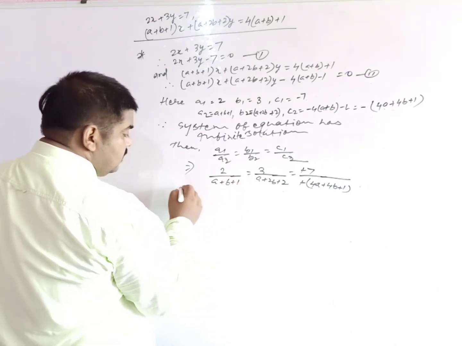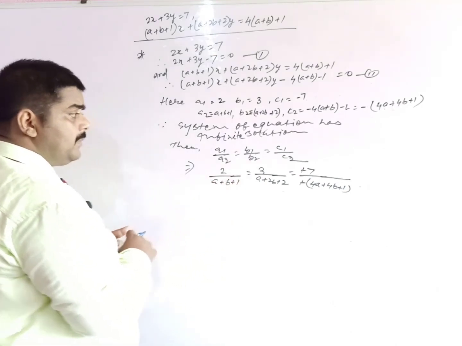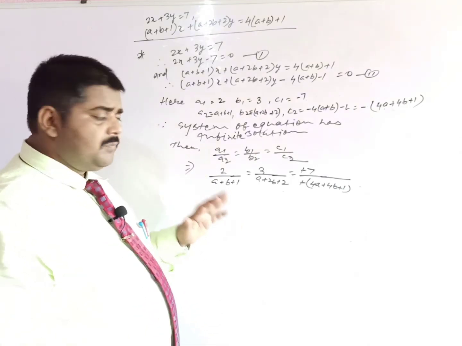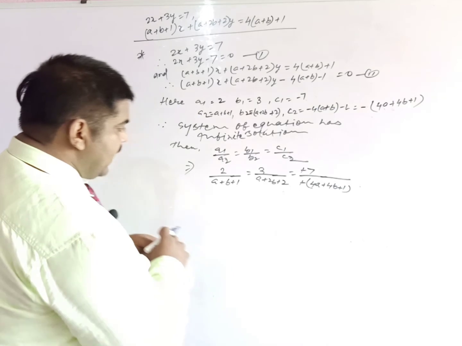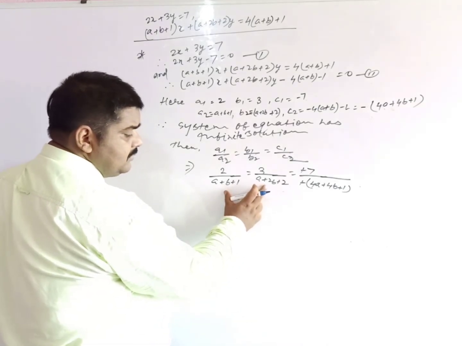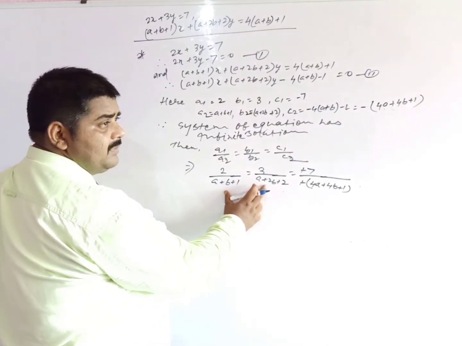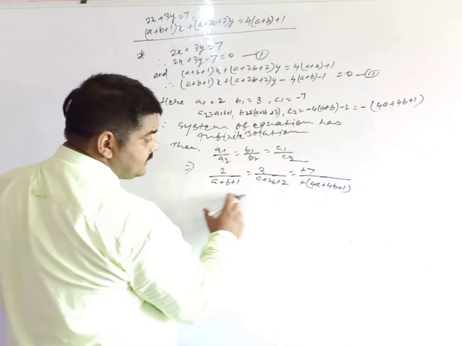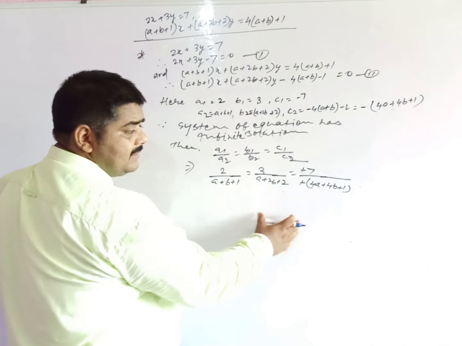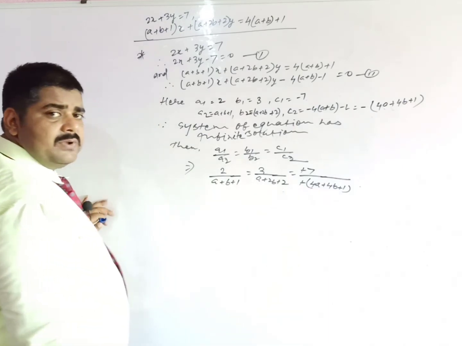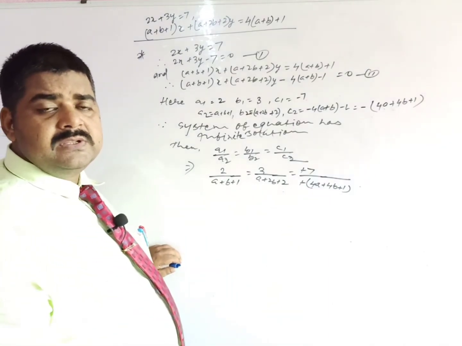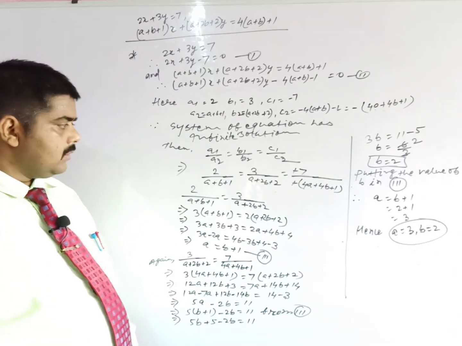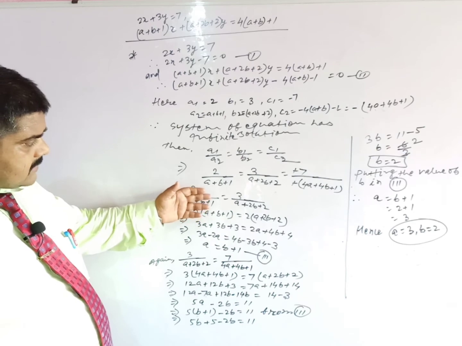Now to solve for a and b, you need to find the values of a and b. For this purpose, at first you take these two and derive a linear equation in a and b. After that you take these two and derive another equation, and then you solve them. Now my dear, just continue.